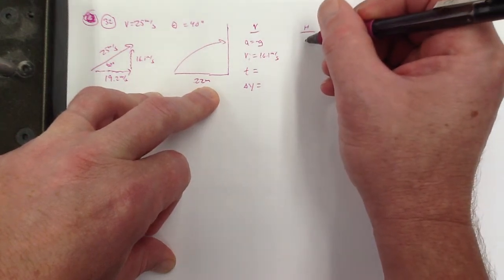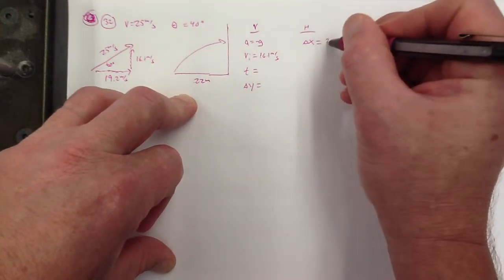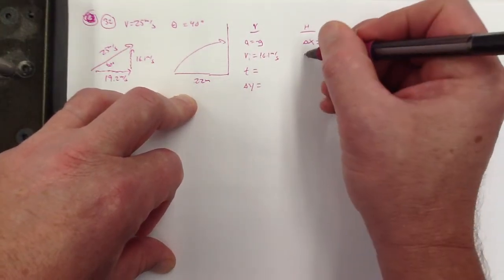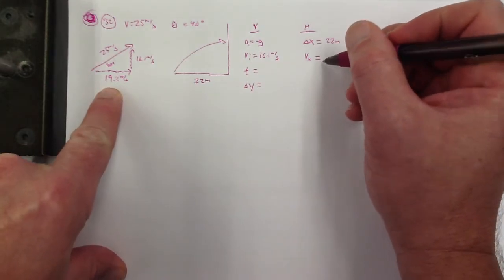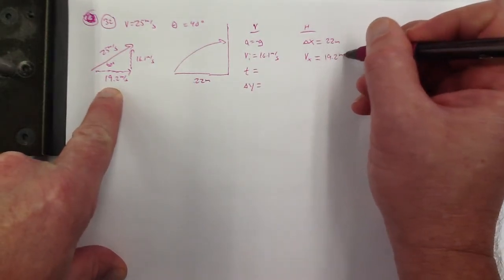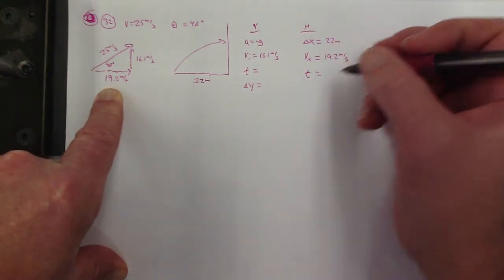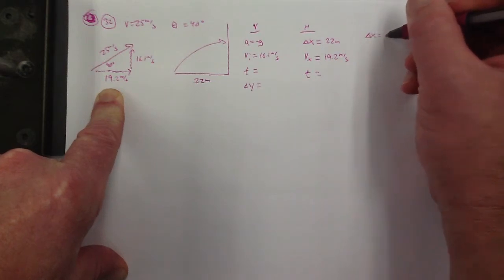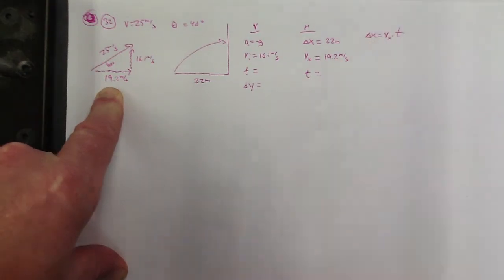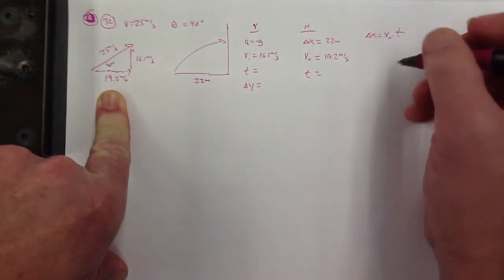So here in the horizontal direction, I do know the delta x. It's 22 meters. And I also know my constant horizontal velocity is 19.2. So it looks like I can find the time here. Delta x is equal to velocity times time, because it's constant velocity, only one equation to relate these three things.